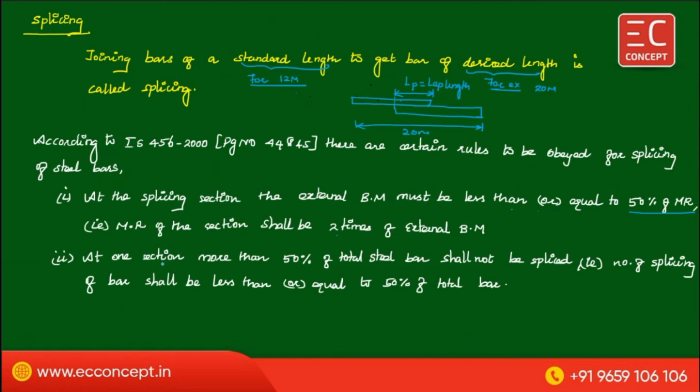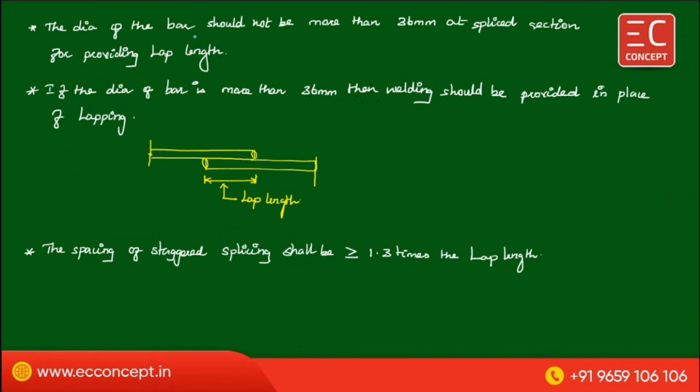Then at one section, more than 50% of total steel bar shall not be spliced. At a single section, you should not splice more than 50% of bars. That means the number of splicing of bars shall be less than or equal to 50% of total bars.